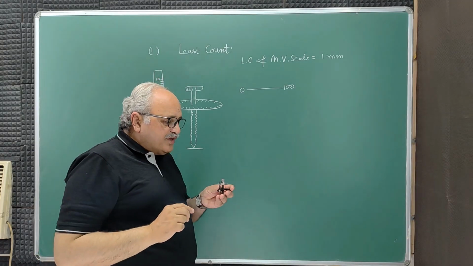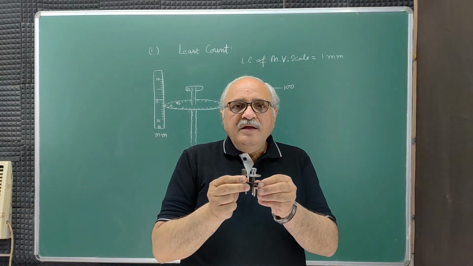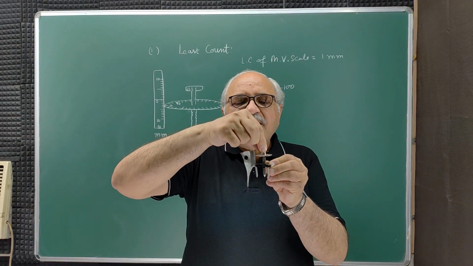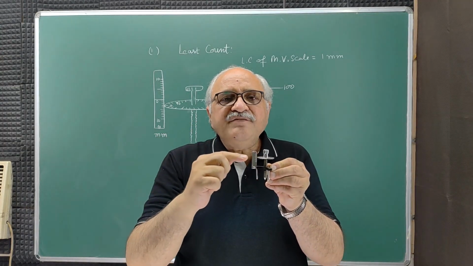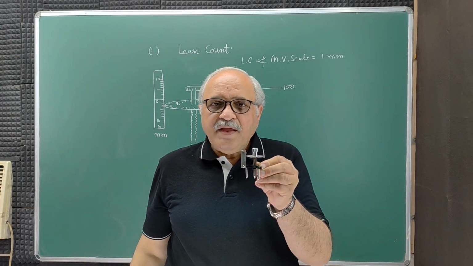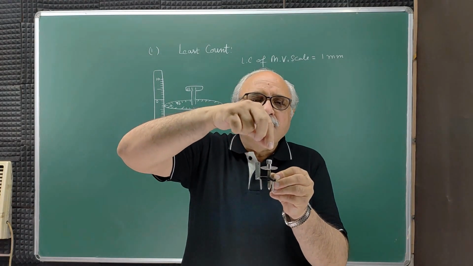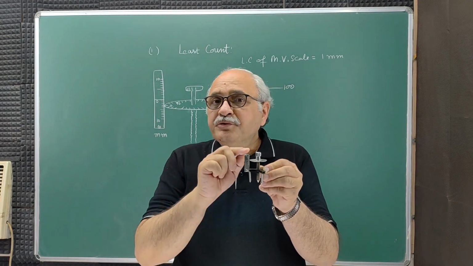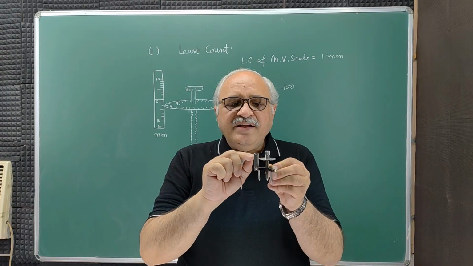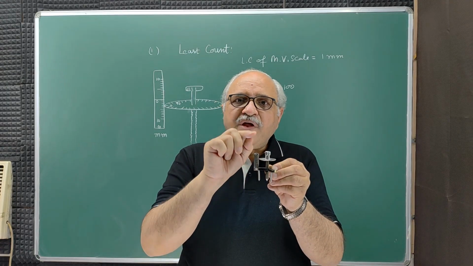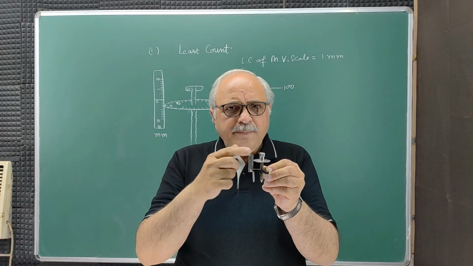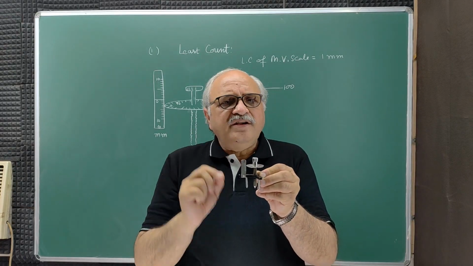Now what you have to do is, first take the circular scale 0 coinciding with the 0 of the main scale, and then give it one full rotation. If you do that, you will find that your circular scale has moved up or down, depending on whether you are going clockwise or anti-clockwise.